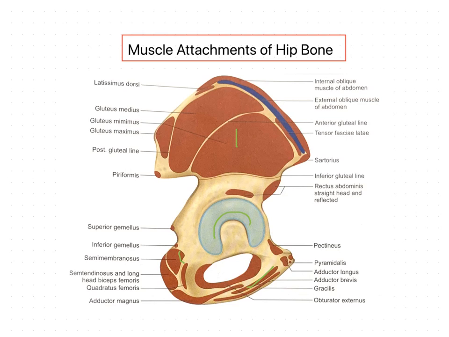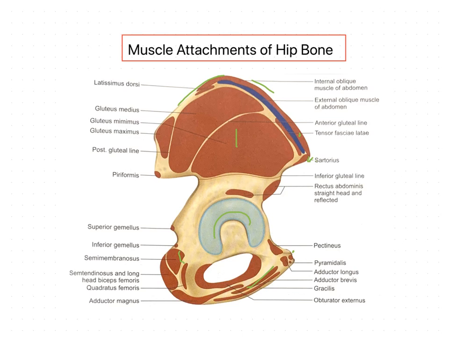So normally the pubis is in the anterior aspect. If you see the ilium part, it has an anterior superior iliac spine, and it has a crest, the iliac crest. Five centimeters above, you'll find a tubercle.